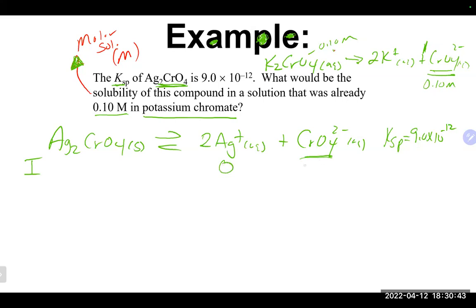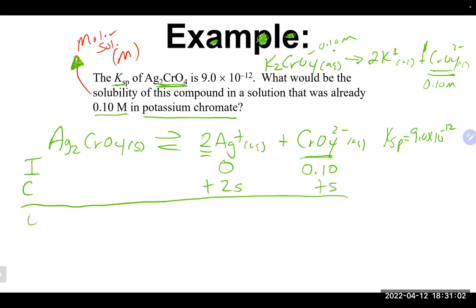And again, the main important part here is we do need that initial concentration for that guy. Otherwise, we're basically doing it in water and you'll get a different answer. Change is going to be plus, also important here, a 2s there because of the 2, and a plus s for that guy, bringing us to a 2s and a 0.1 plus s here.